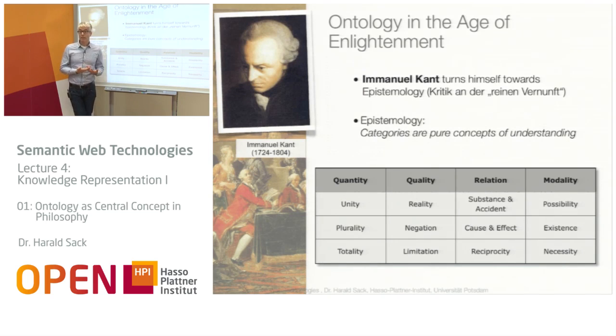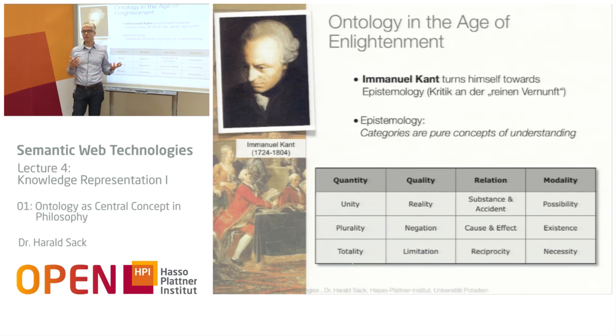And he defined 4 functions for ontologies, for categories, and he said, okay, we can distinguish quantity from quality, we can distinguish relation, and we can distinguish modality. We cannot explain what he meant by these terms in a single sentence because he made long descriptions of the meaning of these terms, and he made categorical systems, as you can see here.